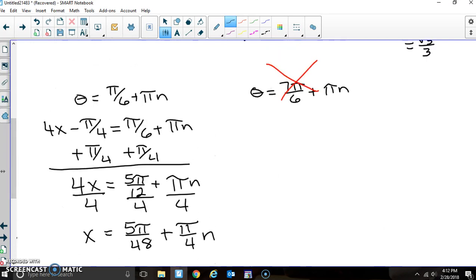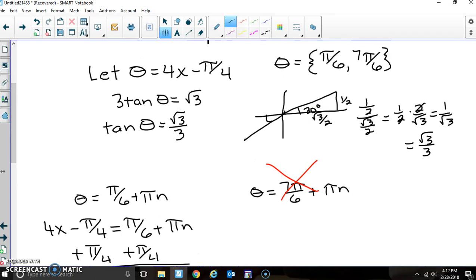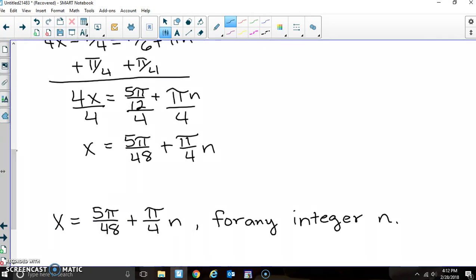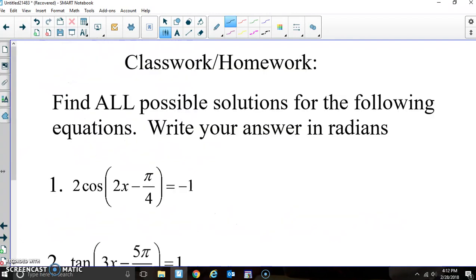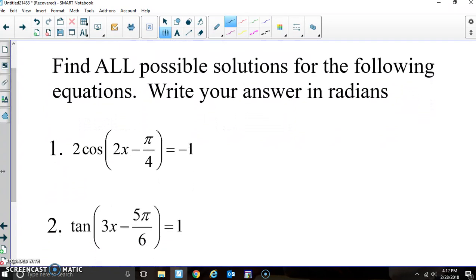All right, we're going to start with just these two problems. Okay, make sure for sine and cosine you have two sets of solutions. For tangent and cotangent, if you come across those, you'll have one set of solutions. Okay, for classwork or homework, whatever, I want you to do two problems. One's a cosine, one's a tangent.